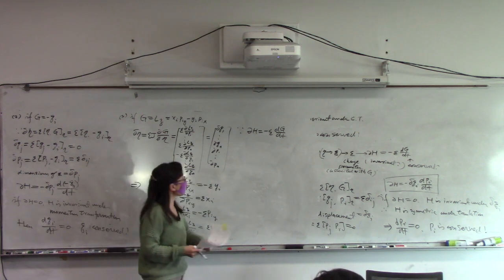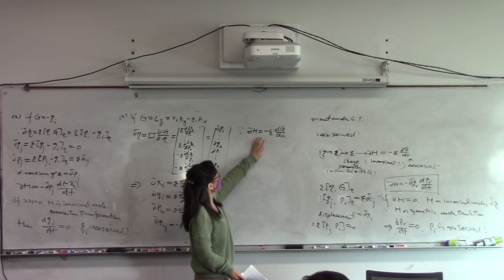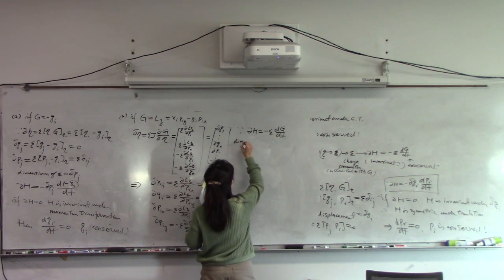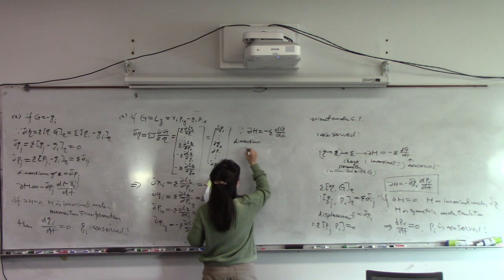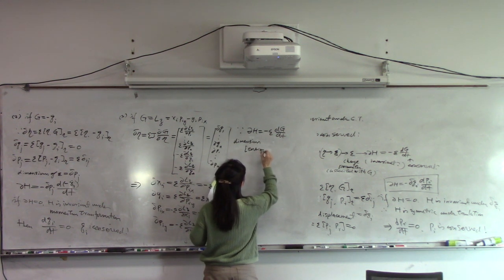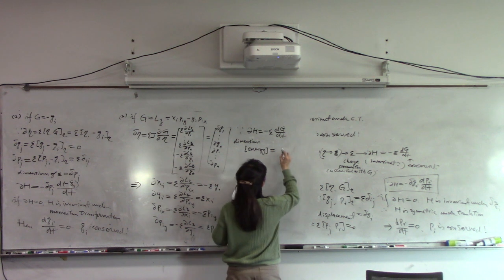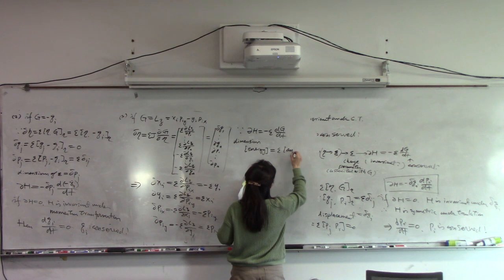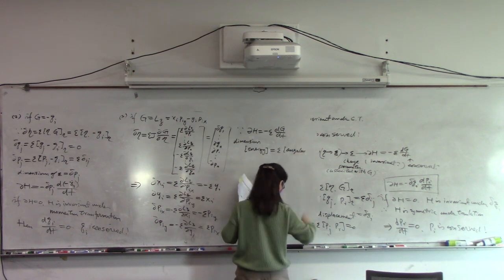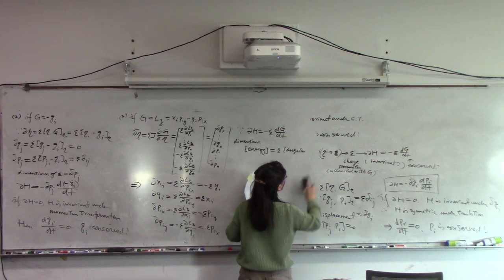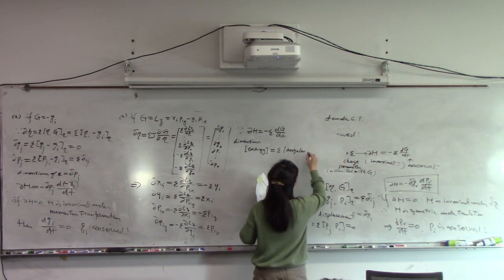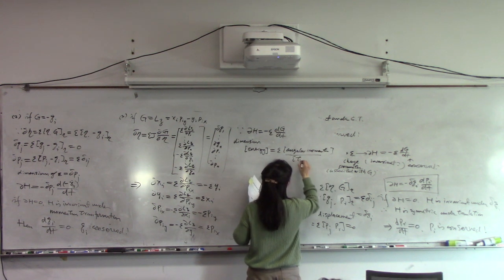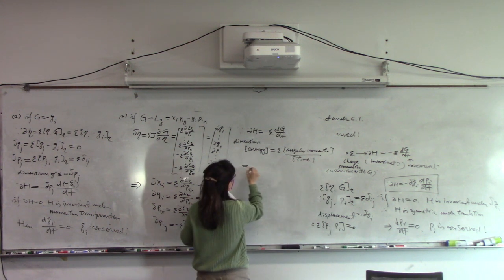So this equation means the dimension on the left hand side equals the dimension on the right hand side, right? So let's look at the dimension. Left hand side is energy, right? And that is some epsilon, and then this dimension is angular momentum divided by time. Now, left hand side is okay.